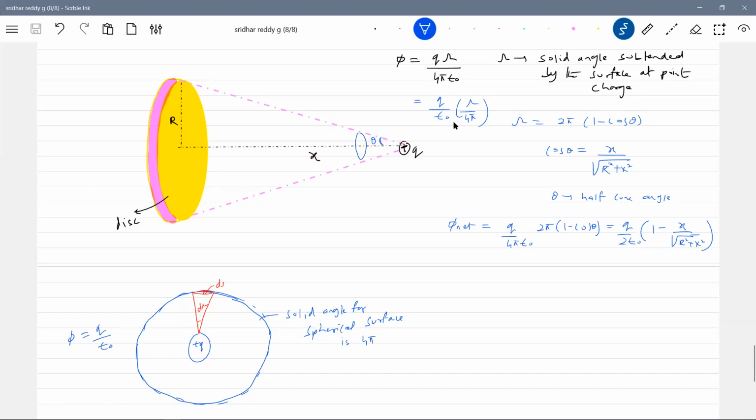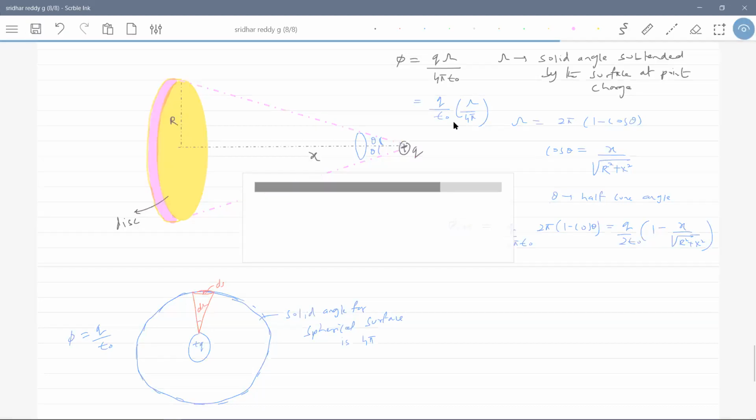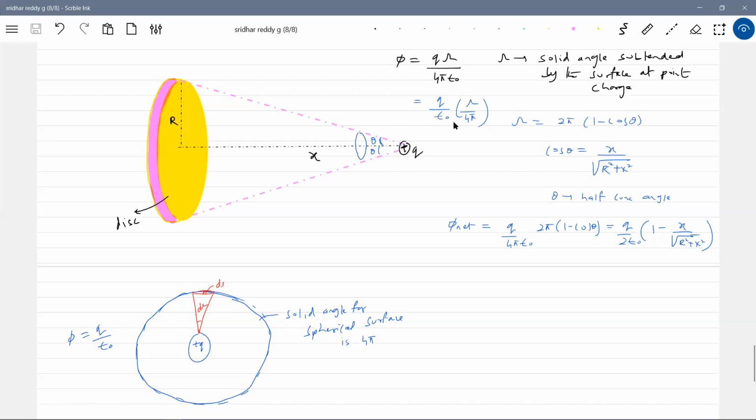It is called the half cone angle. 2 theta is the cone angle, and we say theta is the half cone angle. Yes, sir, understood. It's just some simple terminology. Better to learn it, because otherwise we can't go to the solid angle concept.